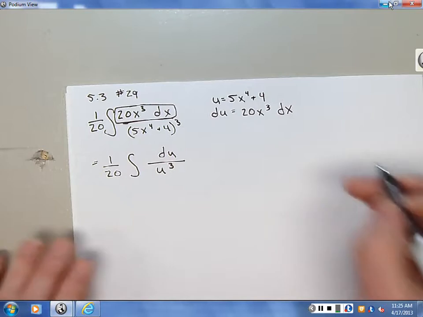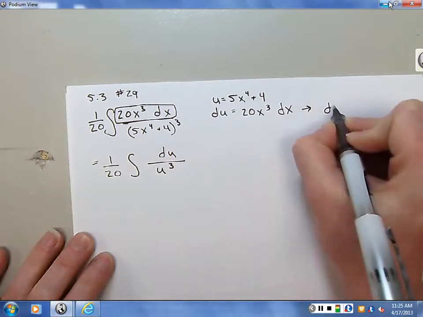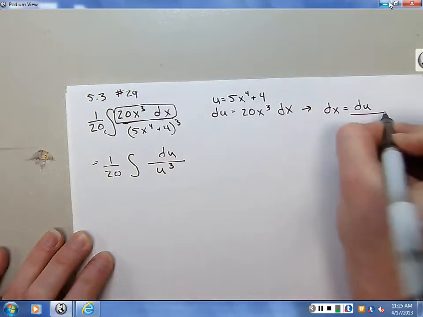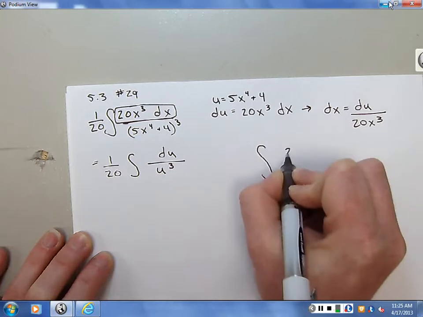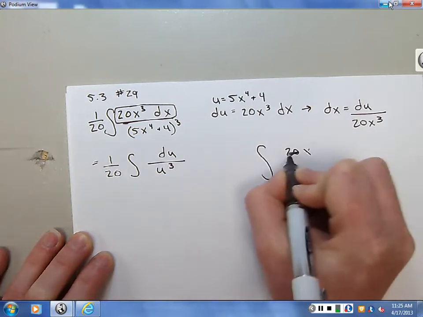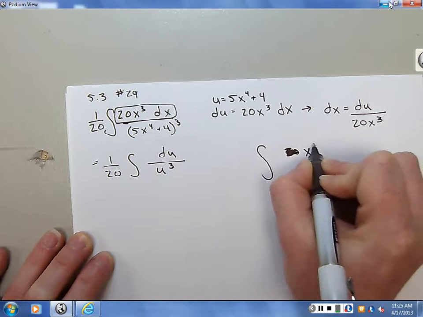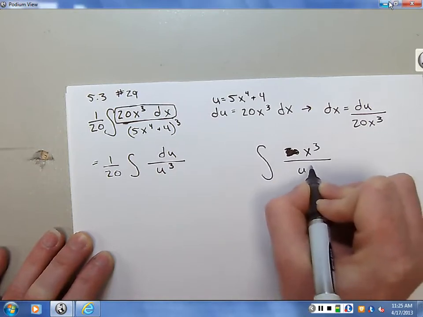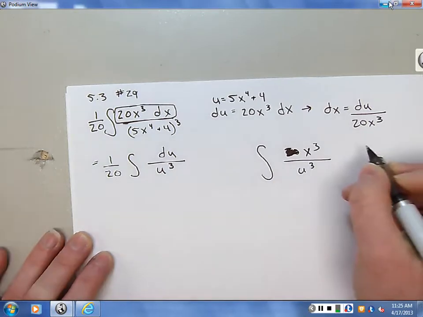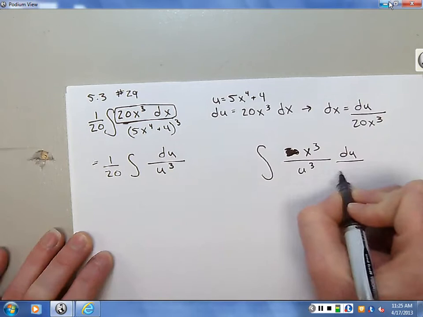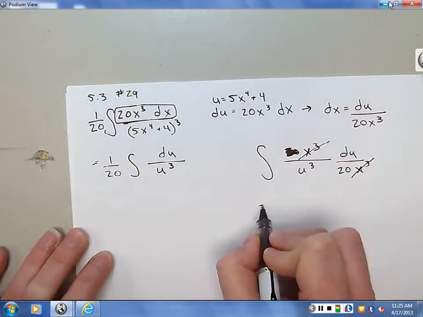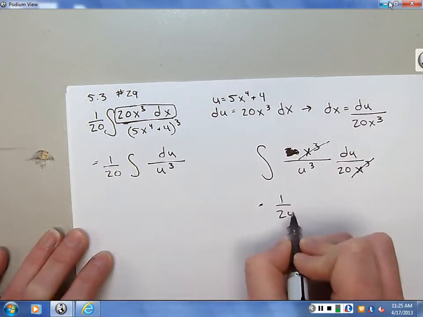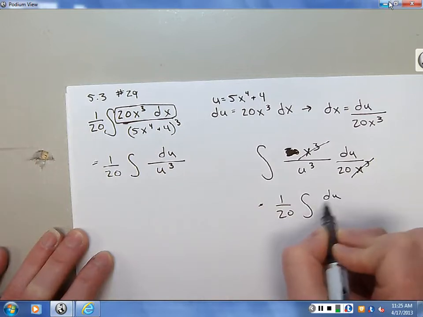Or I can solve for dx, and I have dx is du divided by 20x cubed. So I have the integral of x cubed over u cubed, and then dx would be du divided by 20x cubed. So the x cubes cancel, and I'm left with 1 over 20, the integral of du over u cubed.